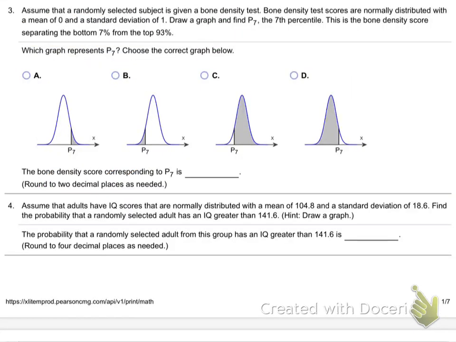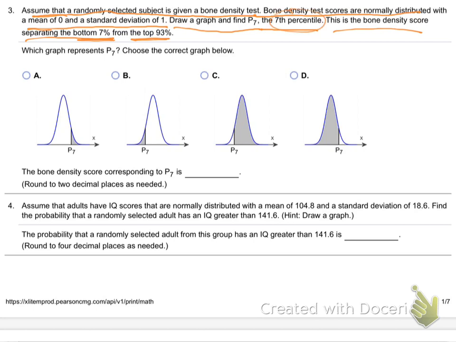Okay, let's take a look. Assume that a randomly selected subject is given a bone density test. Bone density test scores are normally distributed, meaning they're bell curve distributed. Mean of 0, standard deviation of 1. Draw a graph and find P7, the 7th percentile. This is the bone density score separating the bottom 7% from the top 93%. Remember what percentile means?